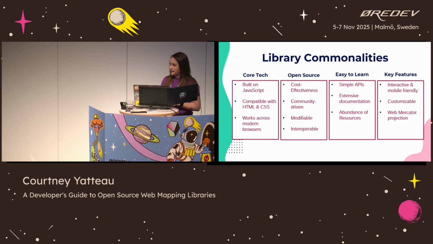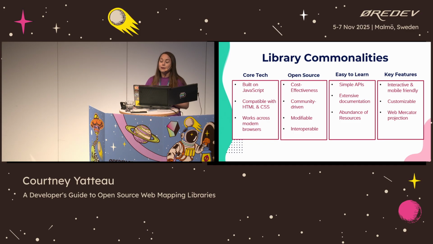And finally, we have our key features. They are very interactive and mobile friendly, meaning you can pan and zoom and tap features very smoothly, whether you're on, say, a desktop or your phone. And they're very customizable, so you can control the look and the behavior of your map as much or as little as you want to.